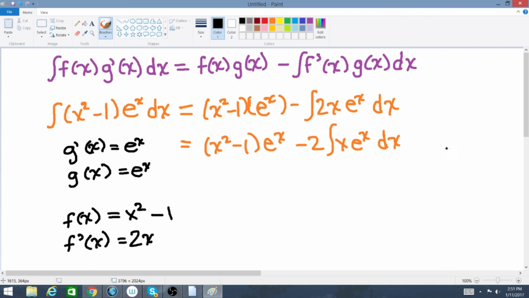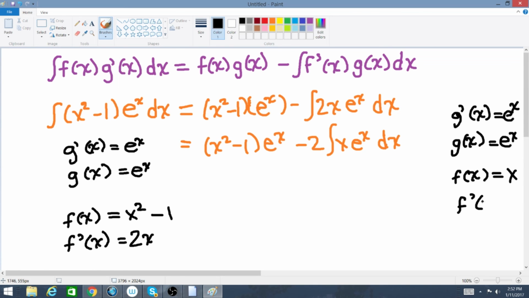Let's write this down. g prime of x equals e to the x, g of x equals e to the x, f of x equals x, and f prime of x equals 1.